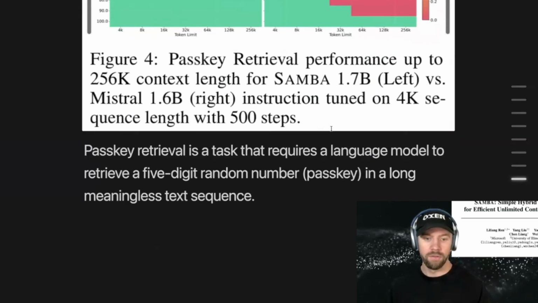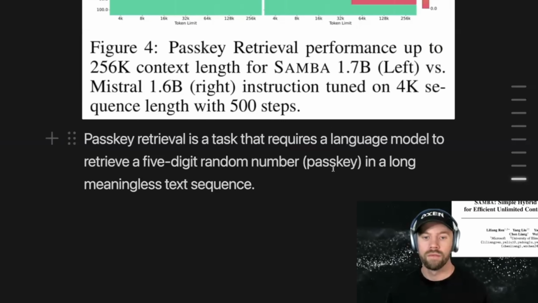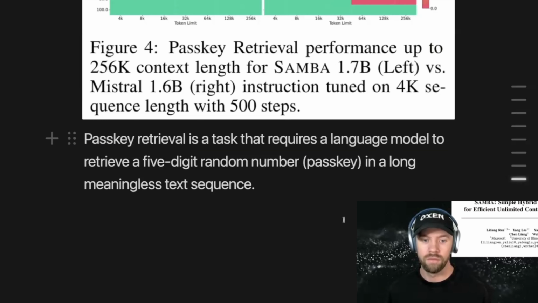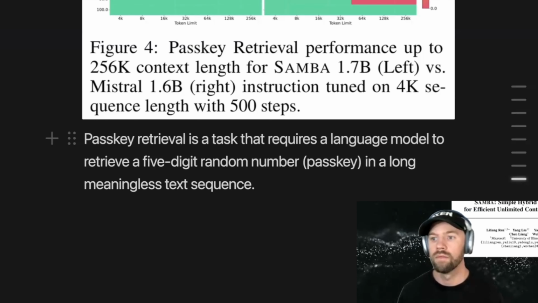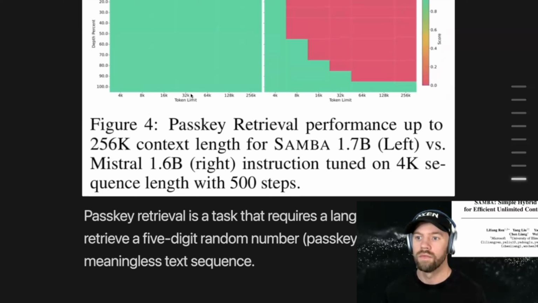So it makes sense that Samba would be slower than just sliding window, because in the Mamba block, what is there? There's a 2x and a 4x expansion in there, I believe, right? Yep, I think you're right.